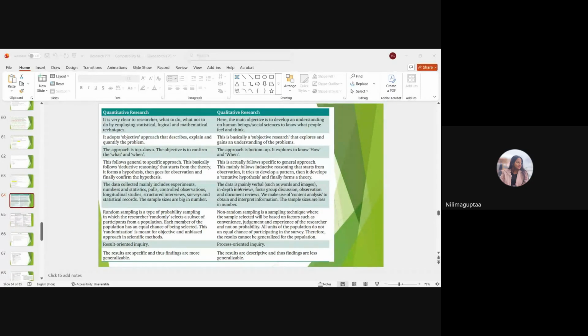In qualitative, the data is mainly verbal, such as words, images, in-depth interviews, focus group discussions, observation, document review, and other things. To collect a sample, in quantitative, random sampling is a type of probability sampling that we do. And in qualitative, we do non-random sampling. We select anybody from the list that is available. We do not follow a fixed pattern.